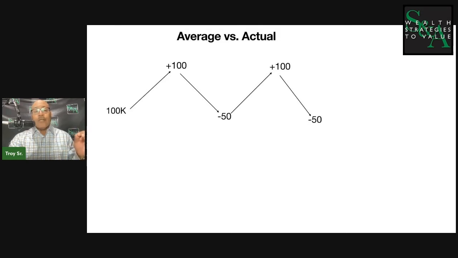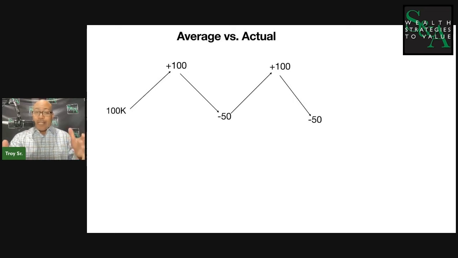So this is the magic question. At the end of 4 years, positive 100, minus 50, positive 100, minus 50. What is your average rate of return? Who can tell me? Who knows? All right? Well, if you do the math, that's 25%. So at the end of the 4th year, your wife opens the mail and she gets the statement from the advisor.